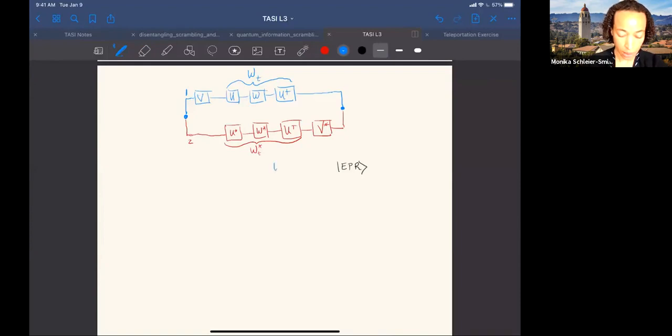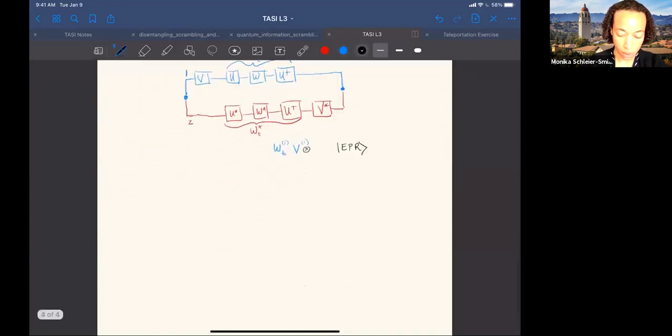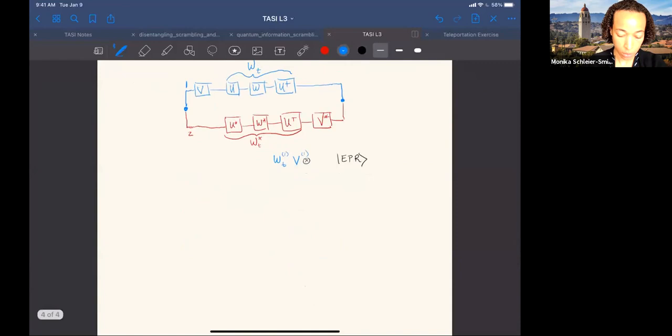To be very explicit, I apply WT to subsystem 1, followed by, sorry, this is V followed by W. I have to flip the order when I write it in this notation. So I apply V and then W on subsystem 1, tensored with applying on subsystem 2. On subsystem 2, I'm first going to apply W star, and then I'm going to apply V star. So V star and WT star. This is all on subsystem 2.